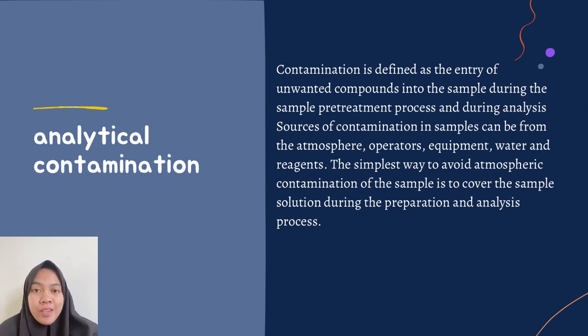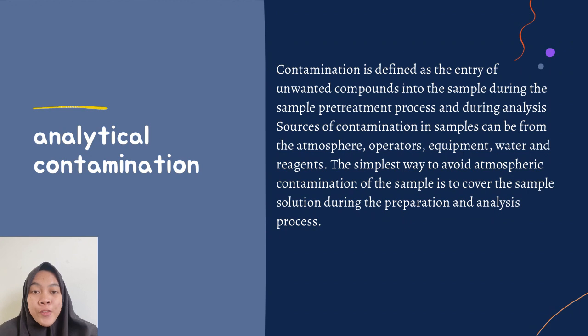The second material is about analytical contamination. Contamination is defined as the entry of unwanted compounds into the sample during the sample pre-treatment process and during analysis. Sources of contamination in samples can be from the atmosphere, operator, equipment, air, and reagents.